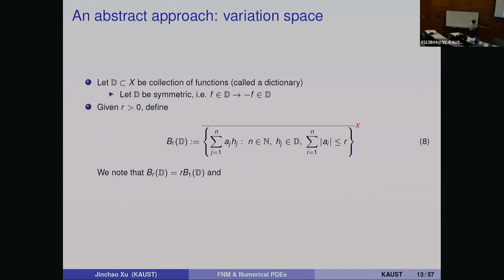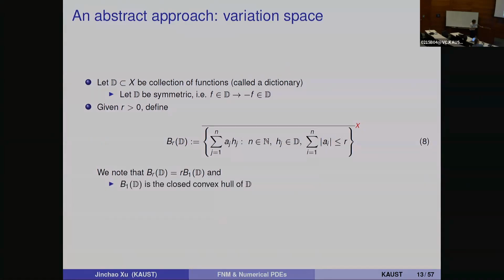This defines a ball of radius R in what we call the variation space with respect to this dictionary. And this is a very important concept.